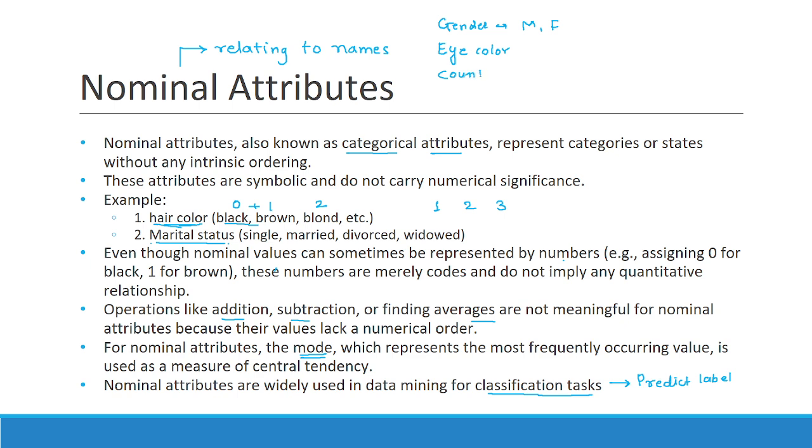Skin color also can be taken. Even country can be a nominal attribute, like India, USA, UK.